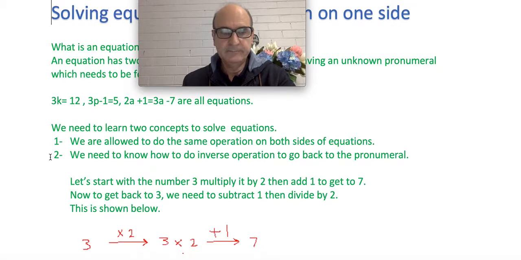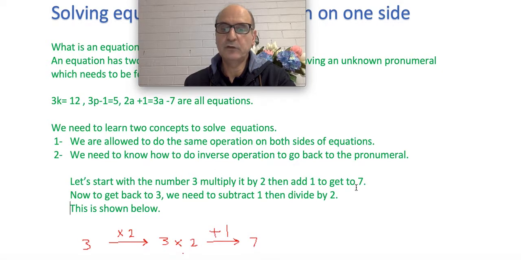All right, here we've got an example. Assume you have the number 3. You multiply it by 2. So 3 times 2 becomes 6. And then you add 1, you get 7. Now how do I go back from 7 back to 3?